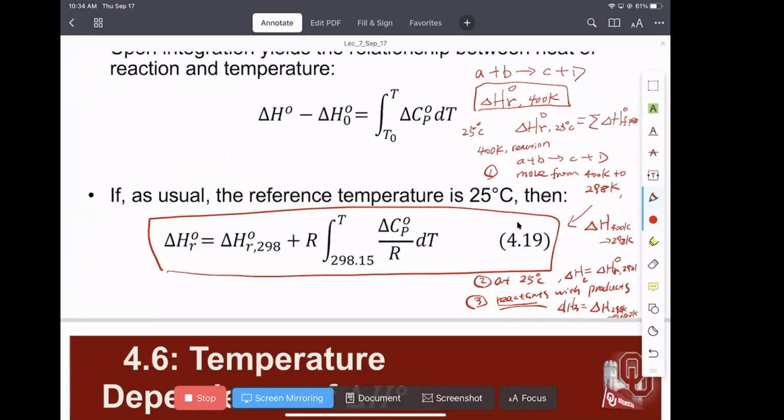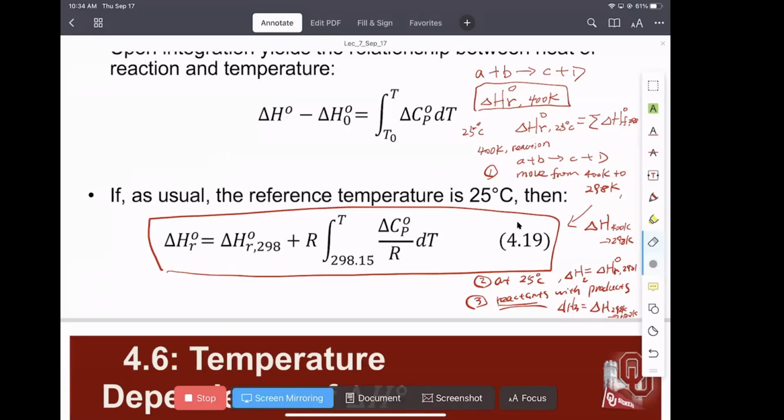We try to look at the pure reactants. What would be the enthalpy change in order to manipulate the temperature? And then at that known 25 degrees C, we calculate the reaction. We assume the reaction will always happen at 25 degrees C. This is because we have access to those values for the heat of formation.